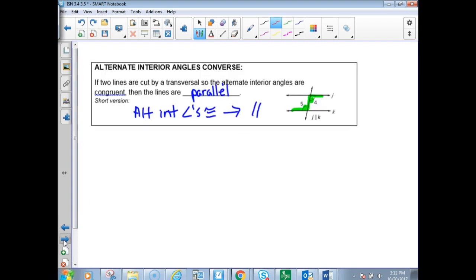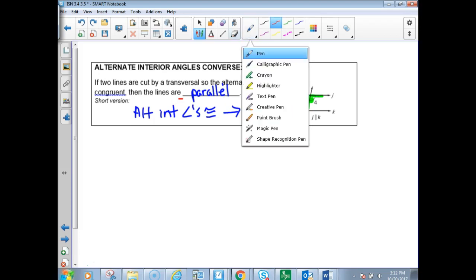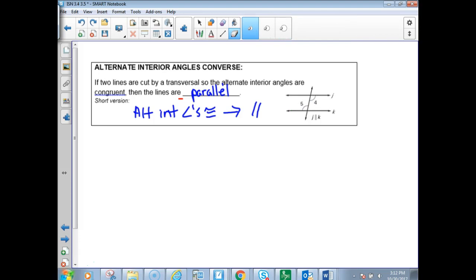Okay, alternate interior angles converse says that if two lines are cut by a transversal, so the alternate interior angles are congruent, then the lines are parallel. So what I remember is the Z thing. I'll just erase and show you what I did. The backwards S or Z. This is a backwards S, or this is actually an S. No, it's not.